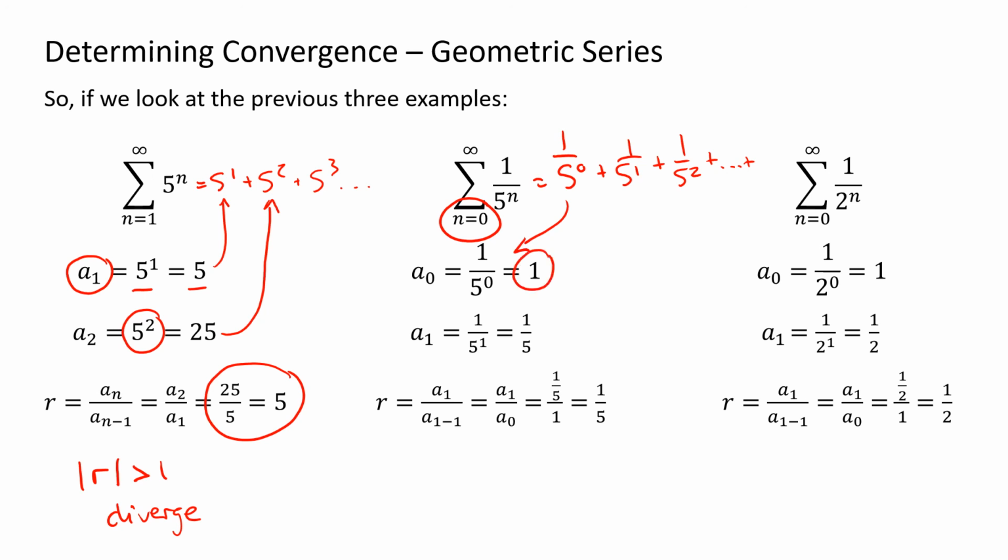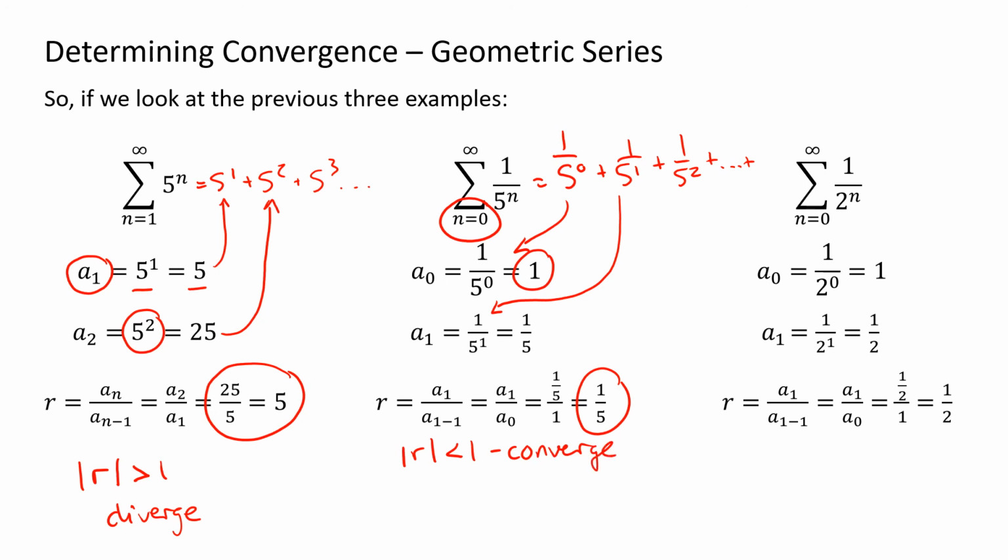Our second term is 1 divided by 5 to the exponent 1, which is 1 over 5. So our ratio is our second term divided by our first term, or 1 over 5 divided by 1, which gives you 1 over 5. Okay, so since this value is less than 1, it should converge.